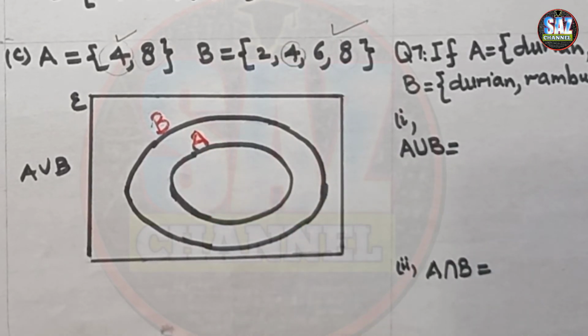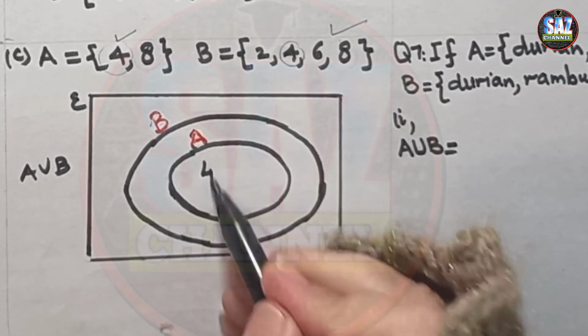So what we have to do, we have to write the elements of A inside the small circle, which is 4 and 8.